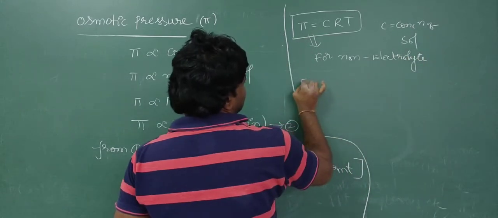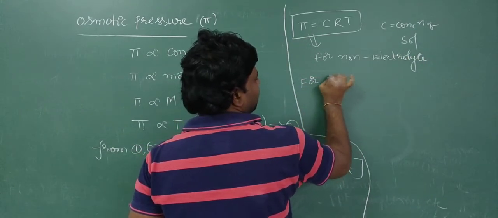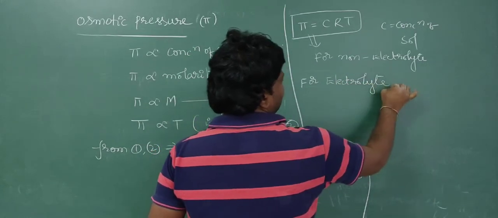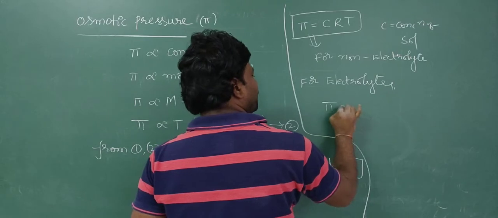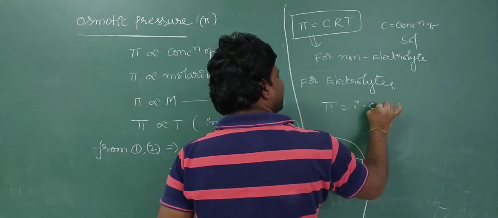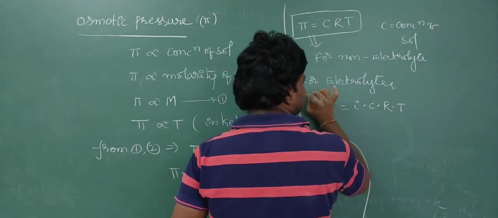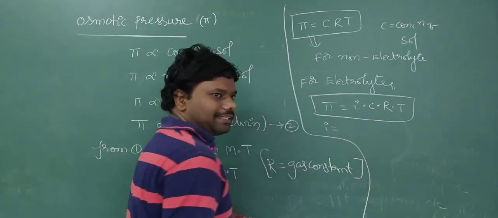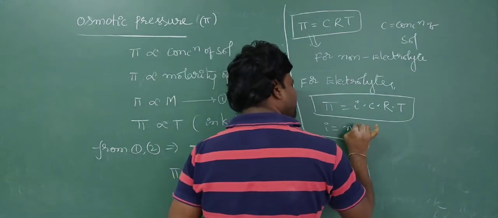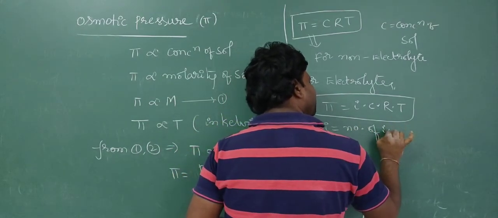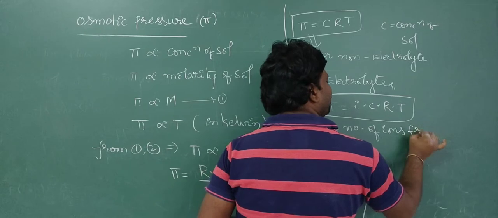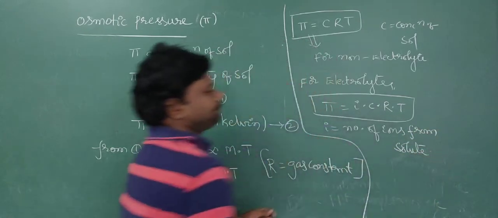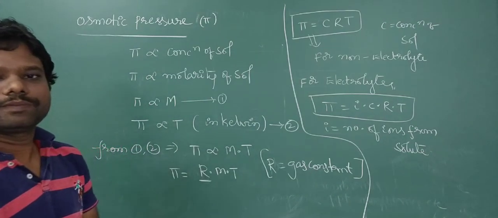For electrolytes, pi is equal to i into C into R into T. Here i is the van't Hoff factor, that is equal to the number of ions from solute.